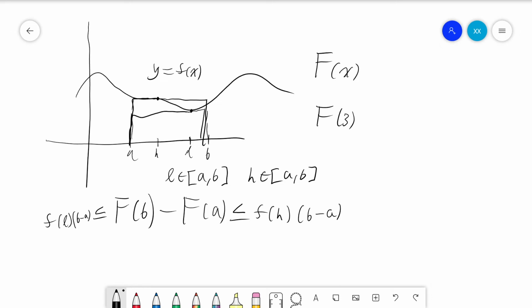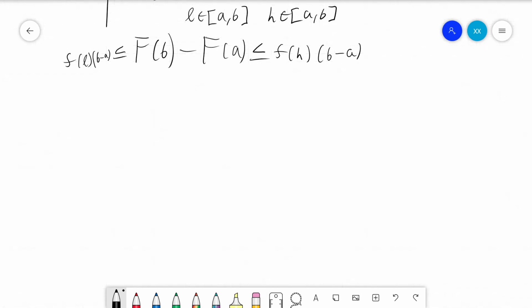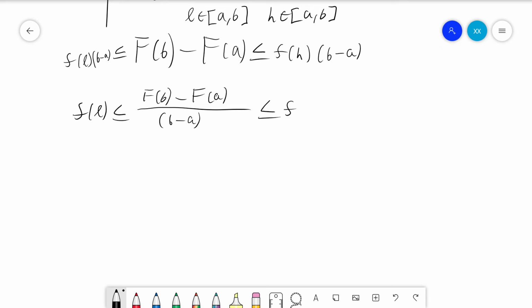Now, what we're going to do is work with this to get a nice definition for big F of X. The first step we'll take is we will divide through by B minus A. So that will leave us with little f of L being less than or equal to the difference between big F of B and big F of A, all divided by B minus A. And this will be less than or equal to little f of H. From here, what we now do is take a limit.